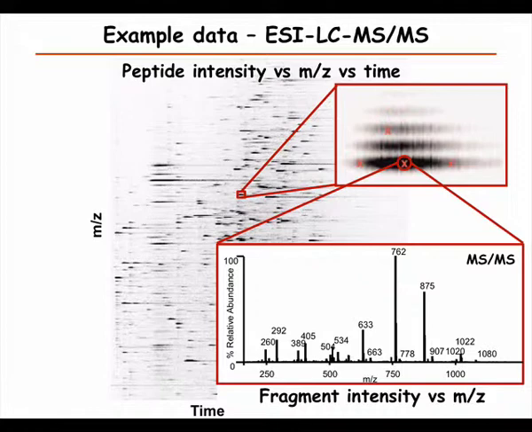Typically one would do one survey scan and then fragment each of the 10 most intense ions. It's done fast, so the algorithm is fast, so it's not very precise. If you run the same sample twice, you're going to identify slightly different peptides. The most intense ones are going to be the same, but the lower intensity ones are definitely going to be different.